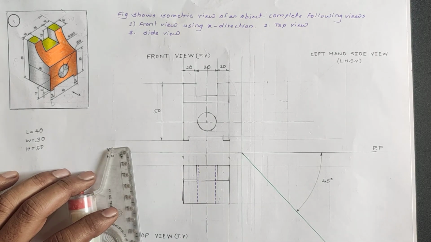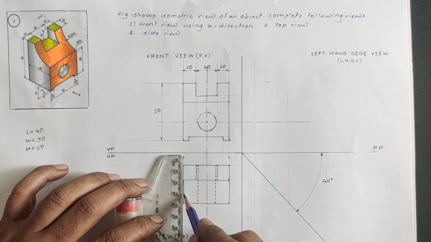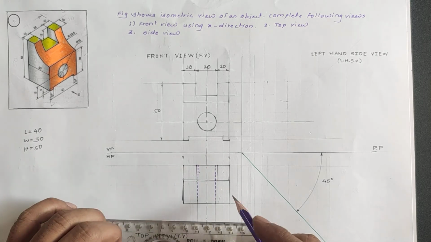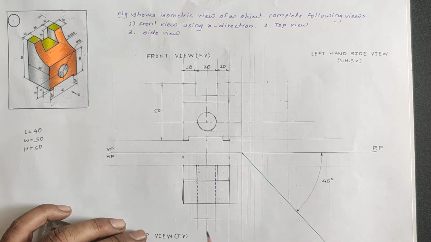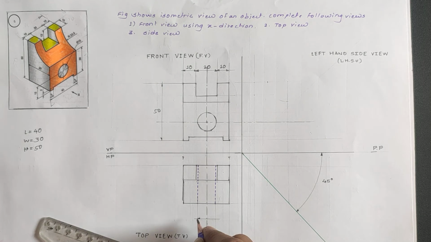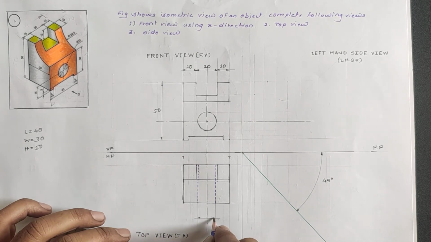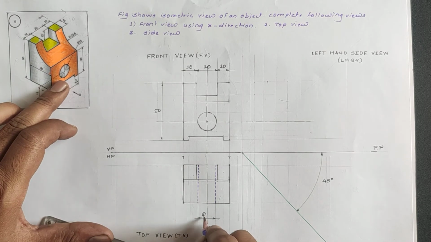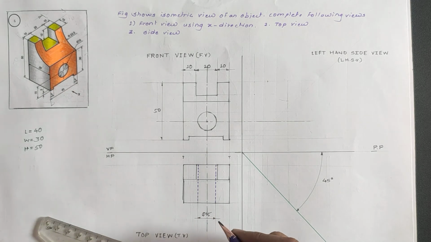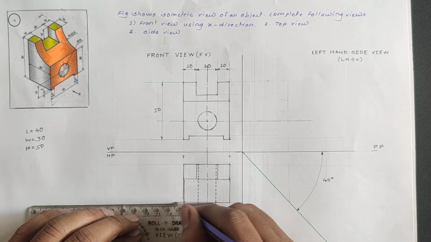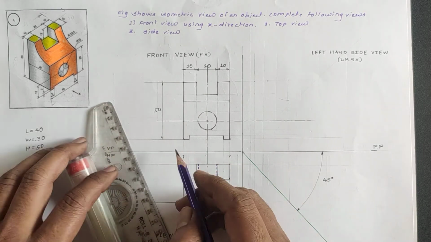Okay, also show the dimensions. This is the diameter 15 mm. We can complete the side view also. The total width of the object we can also show with dimensions.